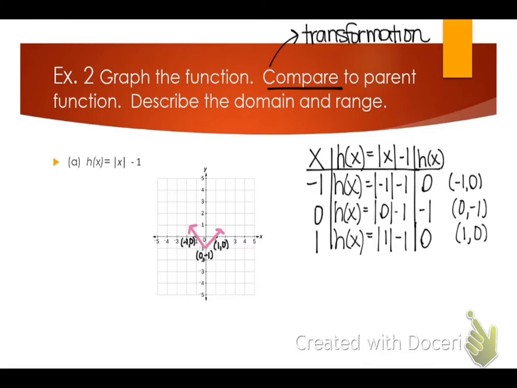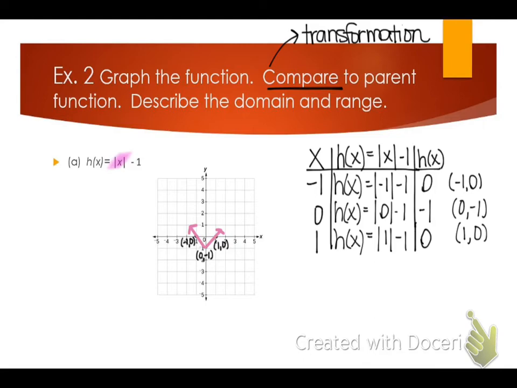No, h of x was not in the parent function. The absolute value of x. Remember yesterday as we were learning about transformations, we kept finding and highlighting f of x, because that was the parent function. Well, in this problem, the absolute value of x is the parent function. So we should be able to very easily see that they've done what to the parent function?